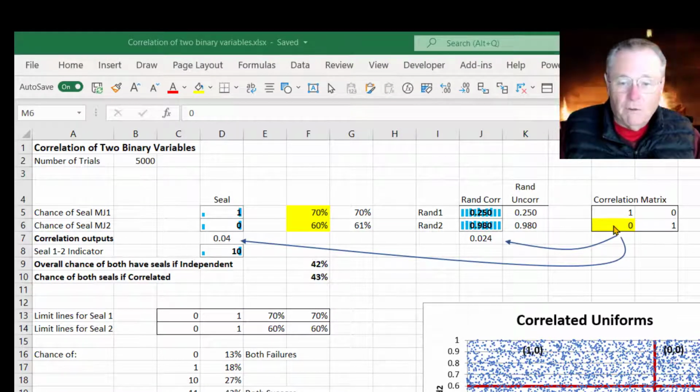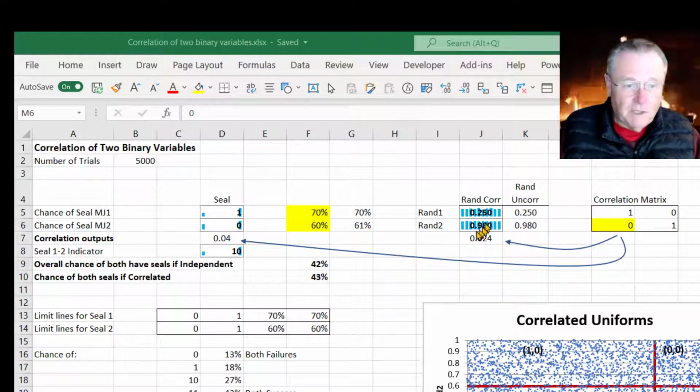Let's start off with no correlation. So using SIP math, we can generate an uncorrelated variable, and we can generate a correlated variable. Now, if this is no correlation, these two numbers across here and these numbers here are going to be the same number. Now, in our two cases, MJ1 and MJ2, we've said that MJ1 has a probability of success of 70%, and MJ2 has a probability of success of 60%.